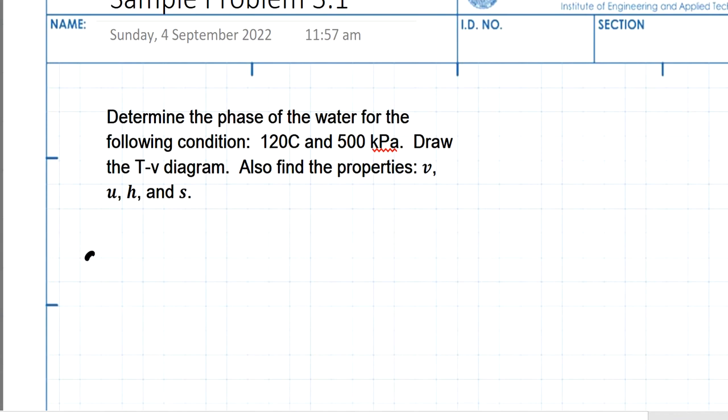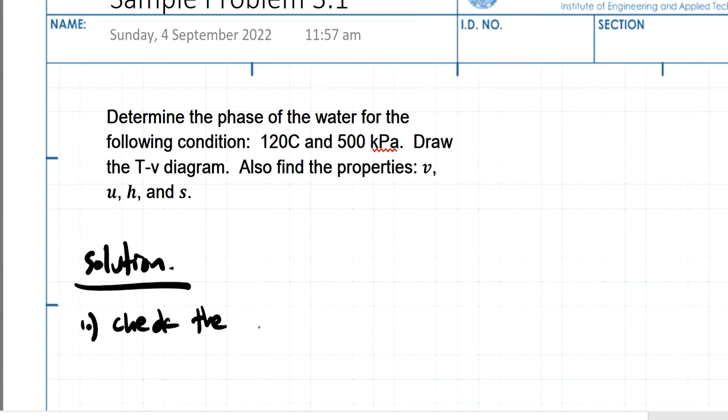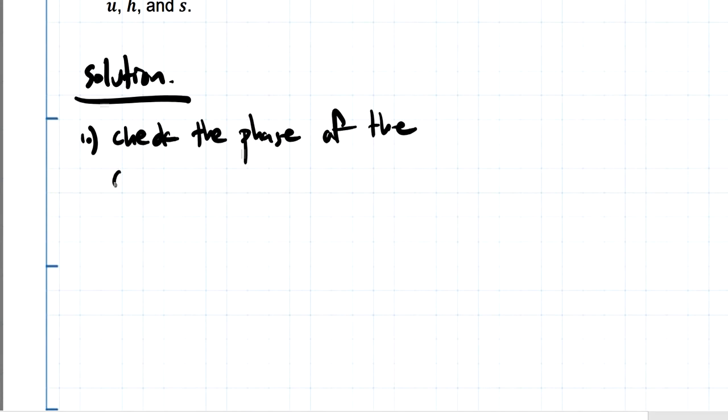Okay, so let's write here. So for the solution, the first step is to check the phase of the condition, using of course the given condition, using table B.1.1.